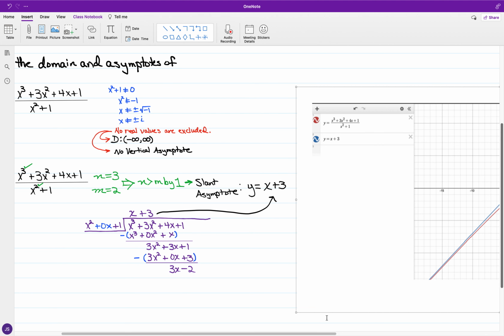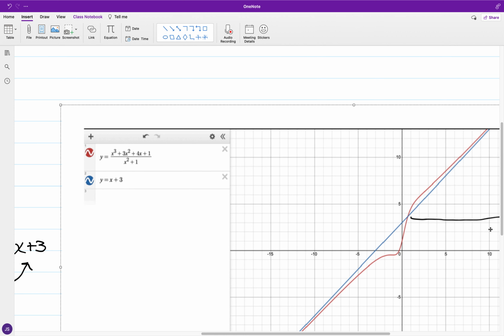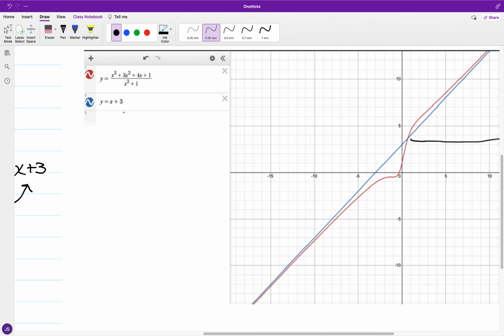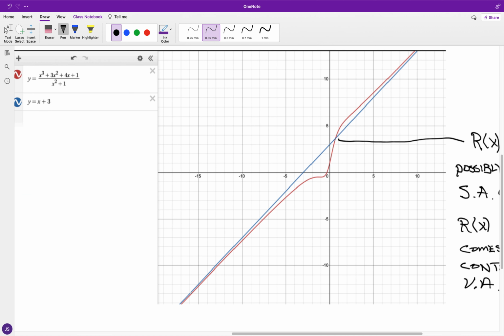If I try to zoom in here, the red wavy entity is in reference to r of x, and for the slant asymptote, again, we have y is equal to x plus 3. To the extreme left and to the extreme right, we're going to have the graph of the rational function and the slant asymptote running pretty much alongside each other.